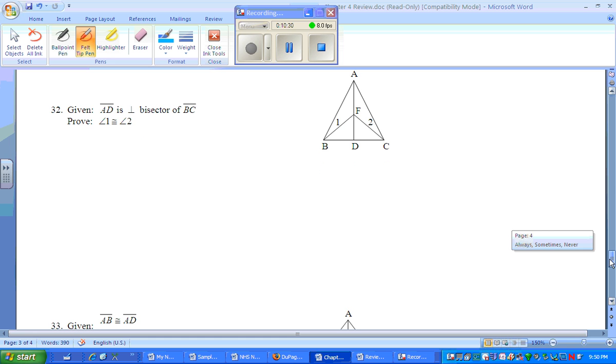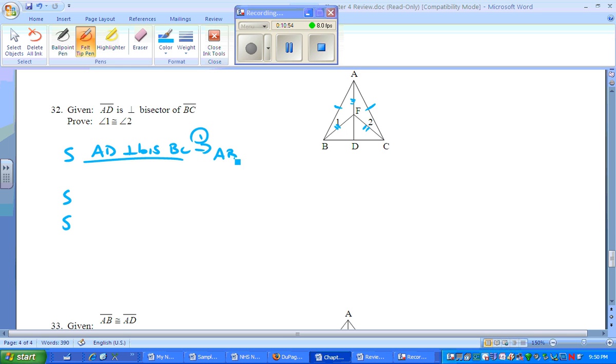2 left. ED is a perpendicular bisector here, causing these two sides to be congruent and these two sides to be congruent. And I got the reflexive piece here. These two triangles are congruent by side, side, side, which then leaves 1 and 2. So we got side, side, side. AD is perpendicular bisector to BC. This causes AB being congruent to AC.